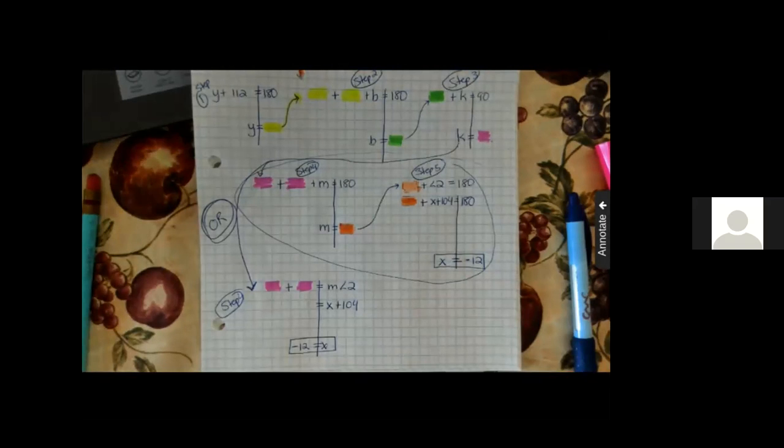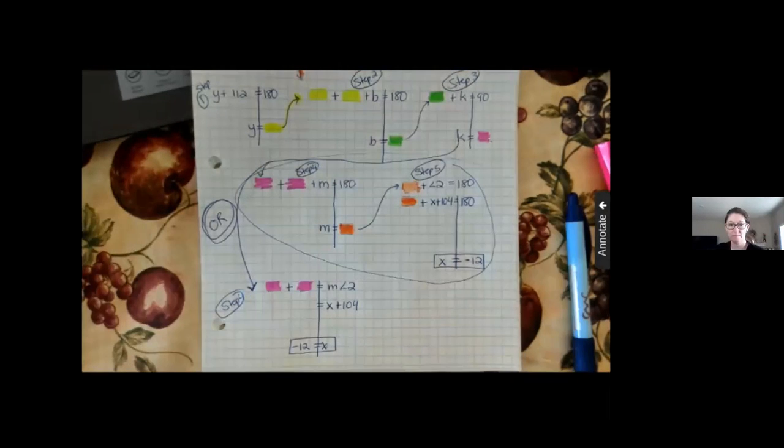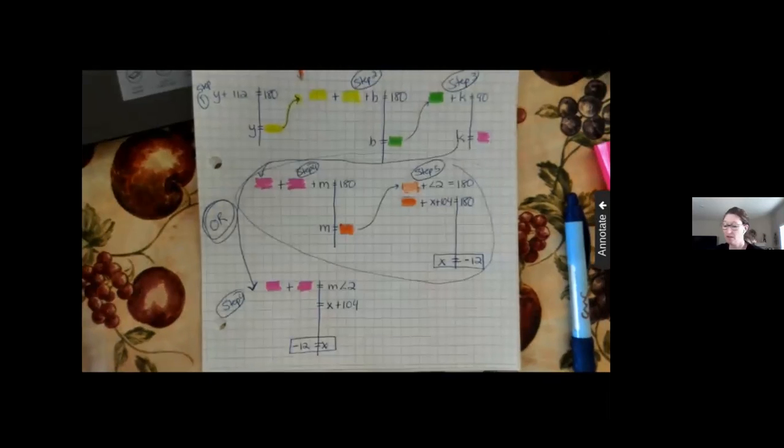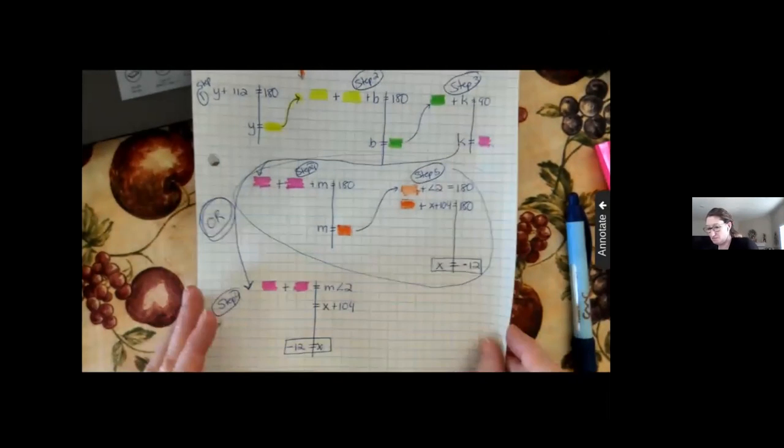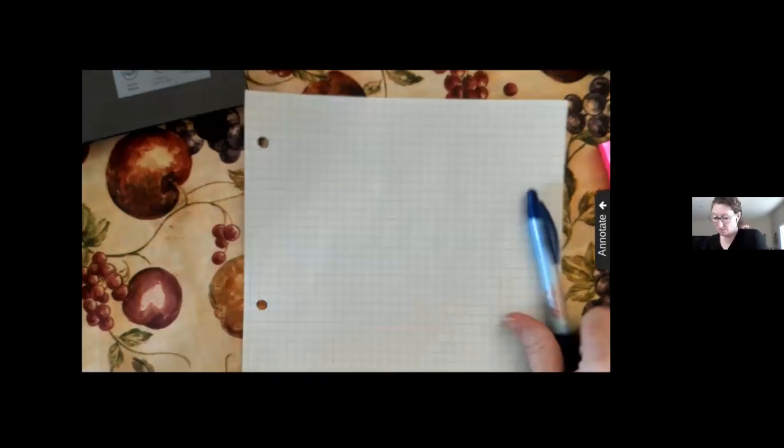Can you set up another problem? Yeah, which one do you want me to set up? Can you set up number 7? All right, let me look at that one. And we'll have an answer to that one, so that would work. Okay, let me draw it out.